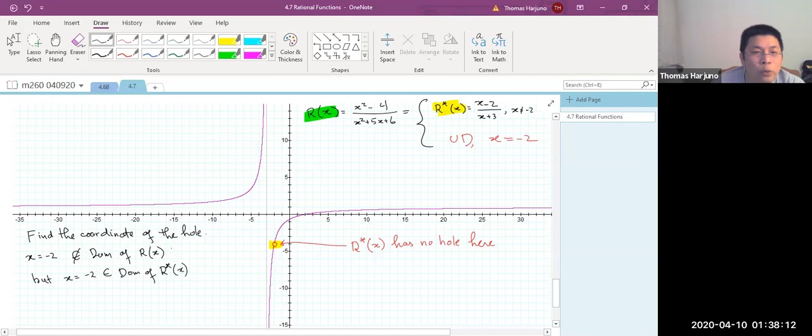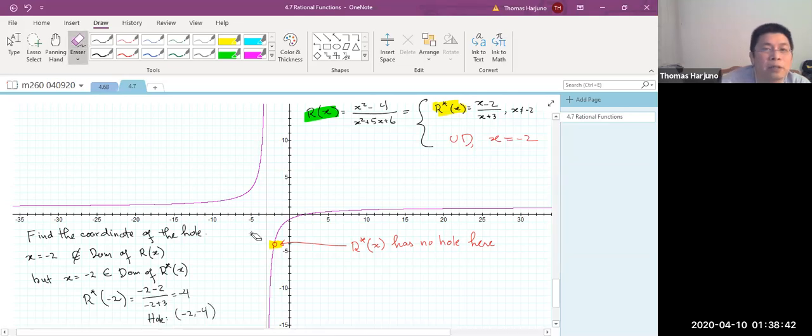So we will plug this x equals -2 into R star of x. So the coordinate of the hole is located at -2, -4.